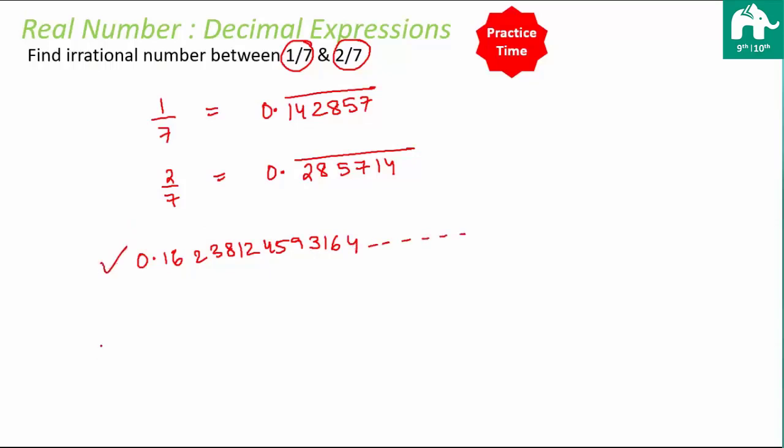So this is an irrational number, and you can literally pick any number between these two, just that it should lie between 0.142 and 0.28. So it could be 0.2513694235. It could be anything. So the entire logic is that it has to lie between these two numbers, and it has to be non-repeating and non-terminating.